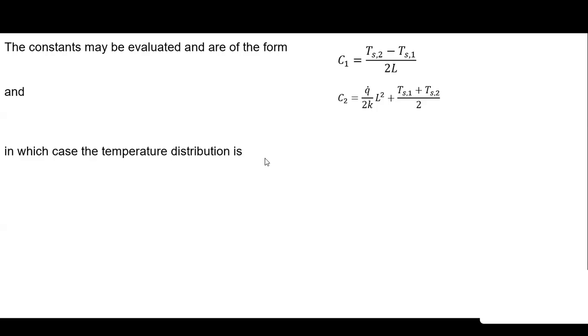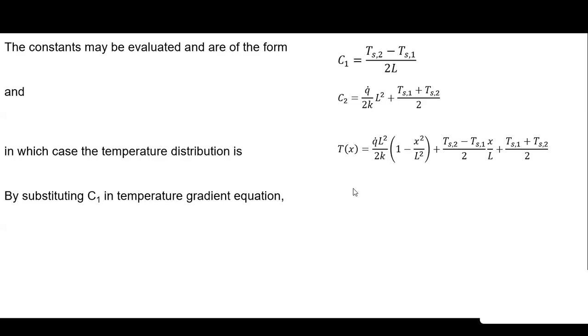If you substitute these values of C1 and C2 in the temperature distribution equation, it will become like this. This is the equation which can be used for finding out the temperature at any value of x. If you know the value of x, you can simply put it in this equation, and all these other things are constant. So we can use that and find out the temperature at any location.